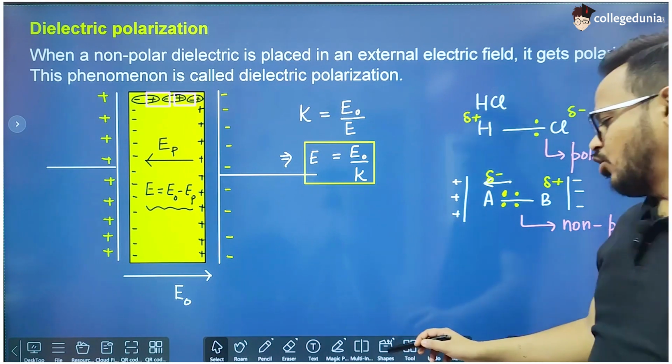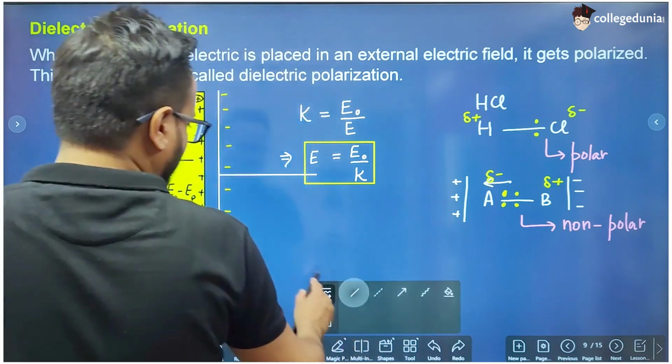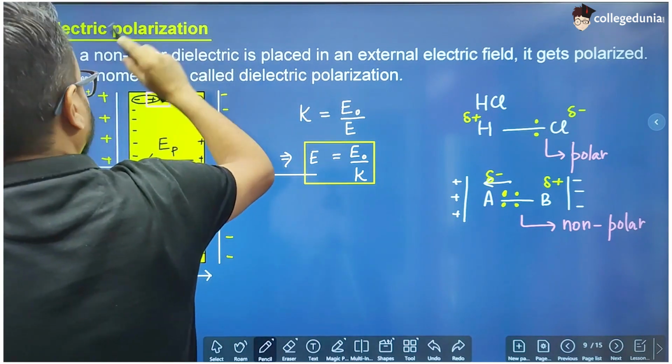Right? So this is an important phenomenon of dielectric polarization.